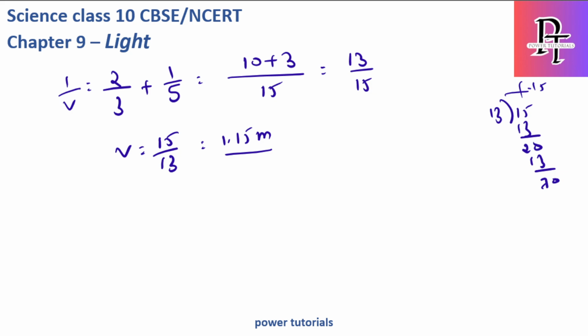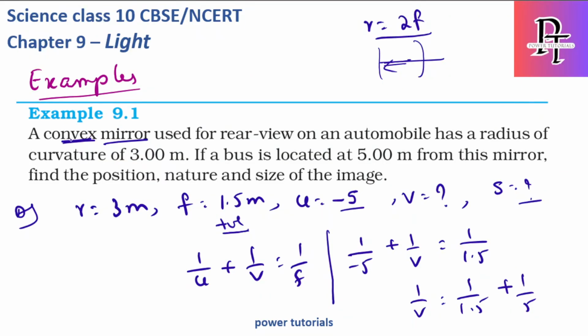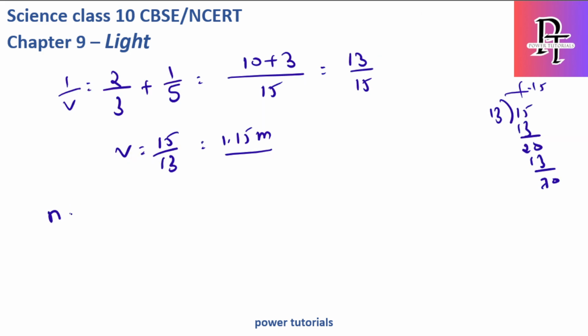Why? Because it is a convex mirror. For a convex mirror, the image will always be on the right side, and it will also be virtual and erect. If they ask anything else, V is fine. For the nature of the image, we simply see that the nature is always virtual and erect.